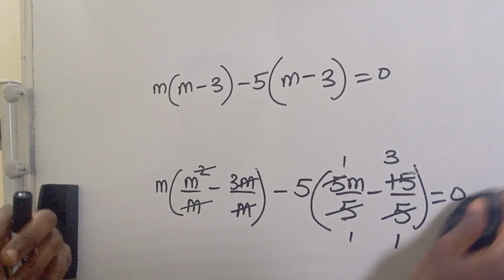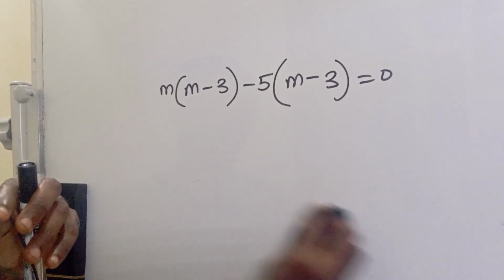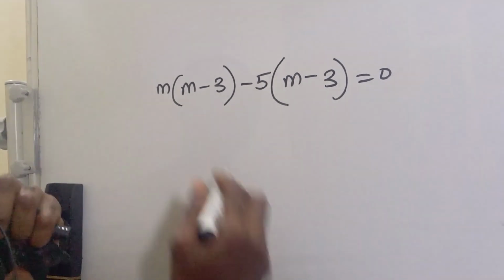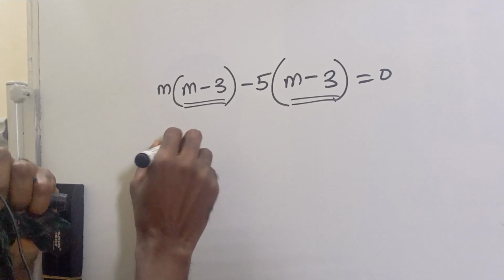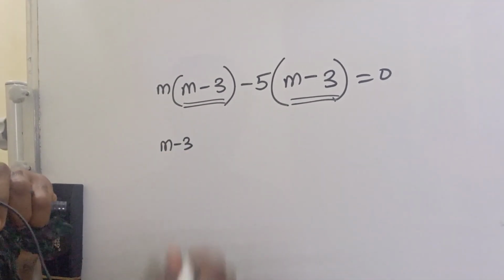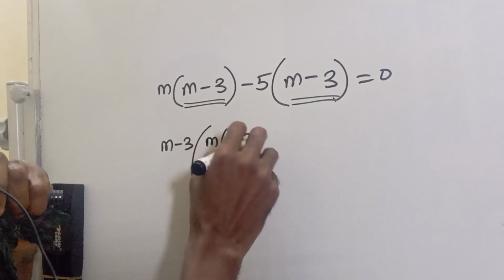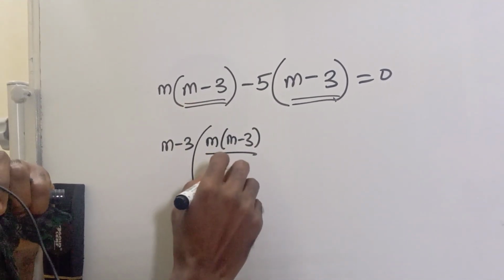Now we can further factorize again. At this point, what is common? This and this is common. So I have m minus 3 outside, so here I have m into m minus 3. Since we have brought this outside, we'll divide it here.